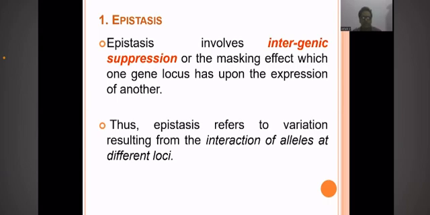As I told you in the beginning, there are two different types of epistasis. One is dominant epistasis, and the other is recessive epistasis. These two gene interactions tend to give different types of results.